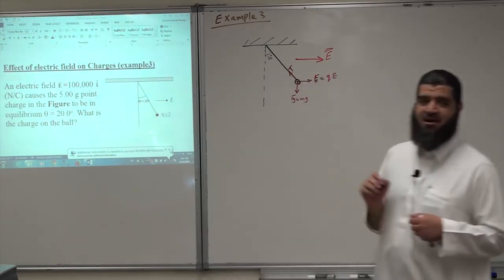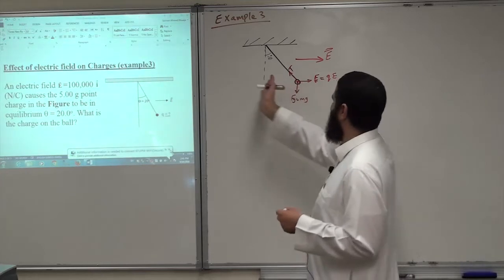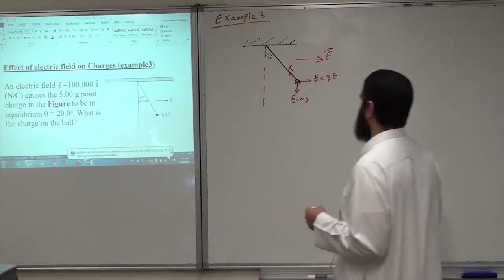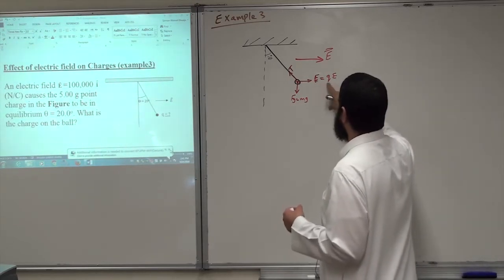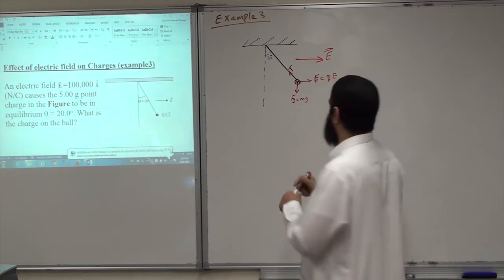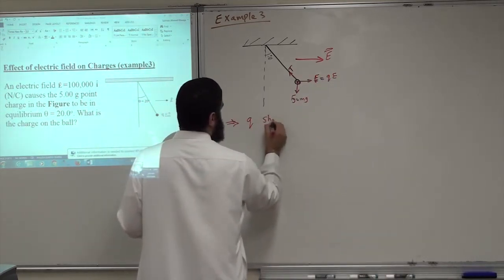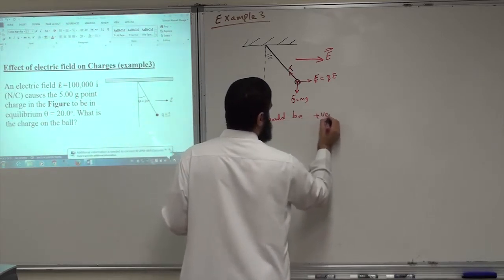What can we say about the type of this charge? This is a charge which is accelerating along the direction of the electric field. So what does it mean? It means that this charge is positive. So this implies that Q should be positive charge.